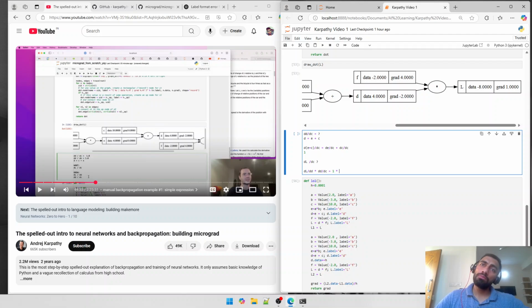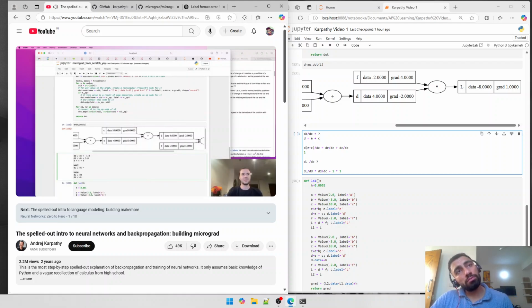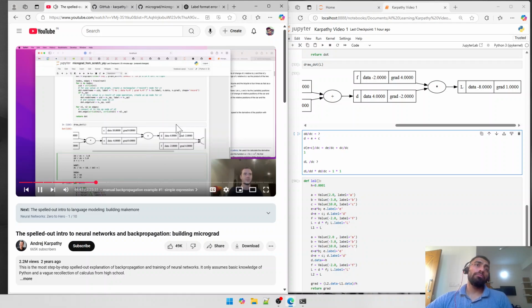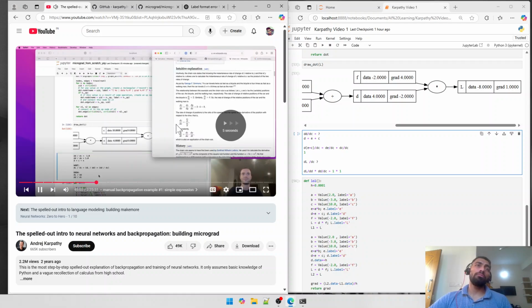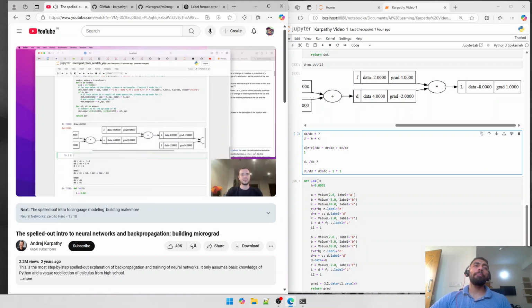So the chain rule tells us that dL by dC, going through this intermediate variable, is what's happening here. We literally just have to multiply these. And because these local derivatives, like dD by dC, are just 1, we basically just copy over dL by dD, because this is just times 1.